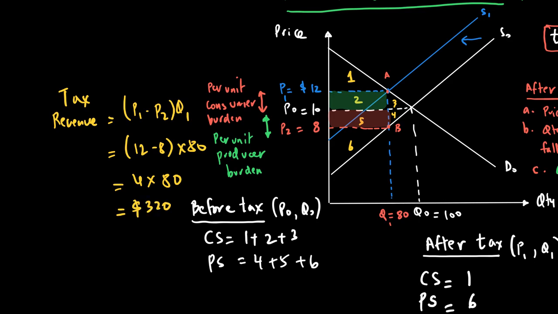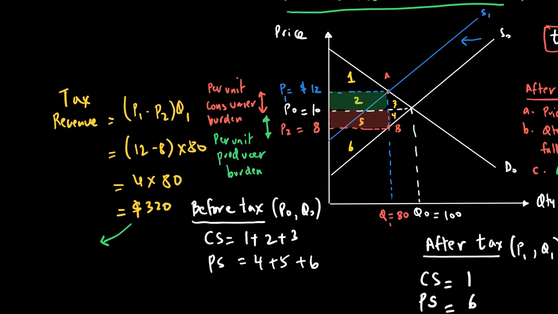Of 320, we are saying area 2 is half of it, and area 5 is the other half of it.